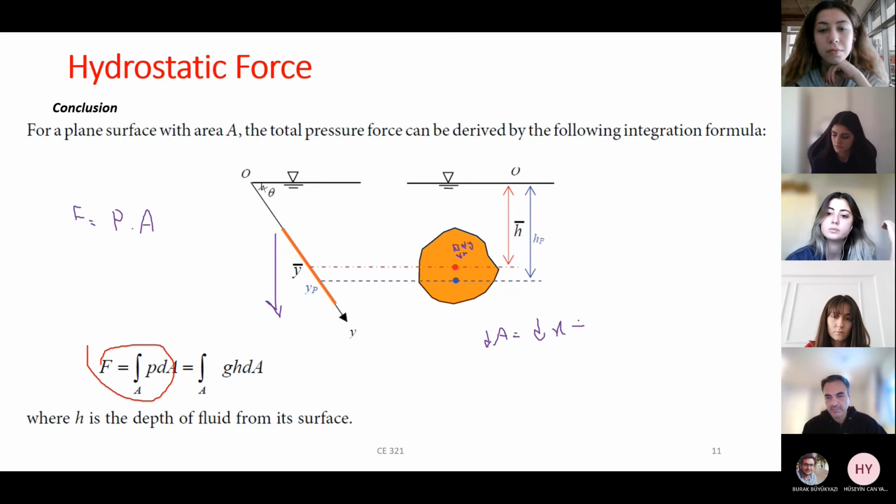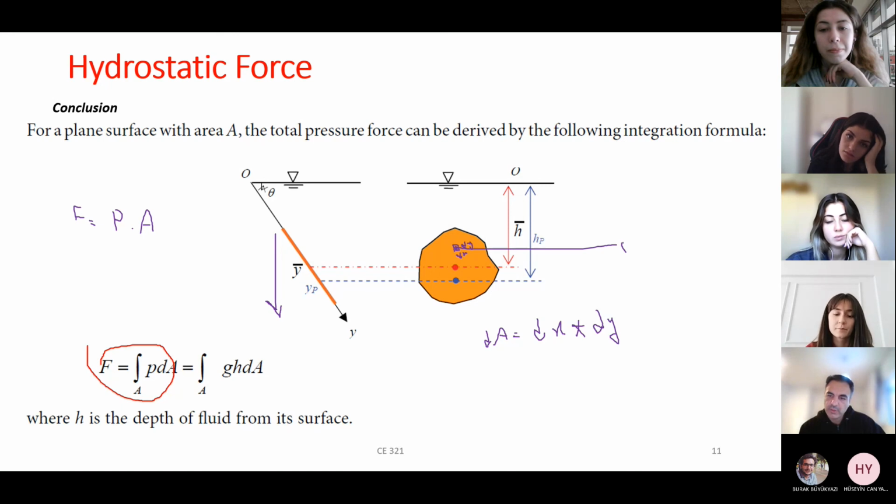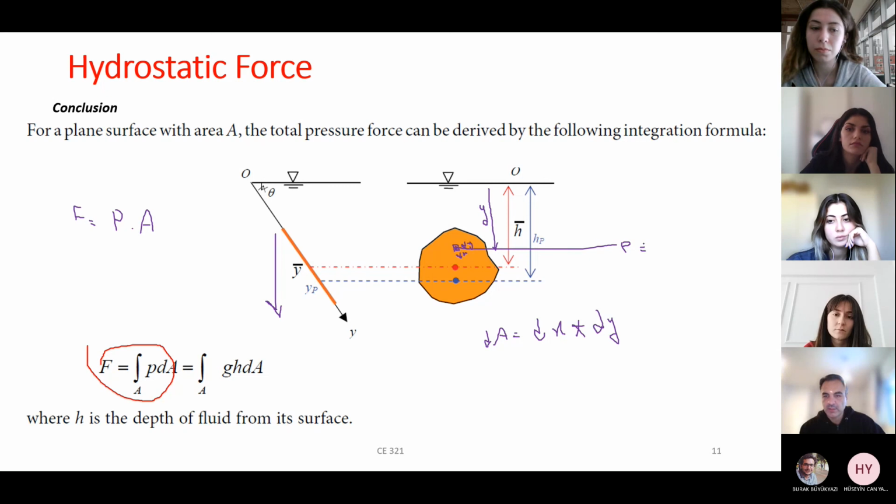Sorry for such a bad handwriting. Dx times dy. Yes, this is in this differential area. What is the amount of pressure? Because now I have the depth, for example, let's say this is y. Therefore, gamma y is my pressure.